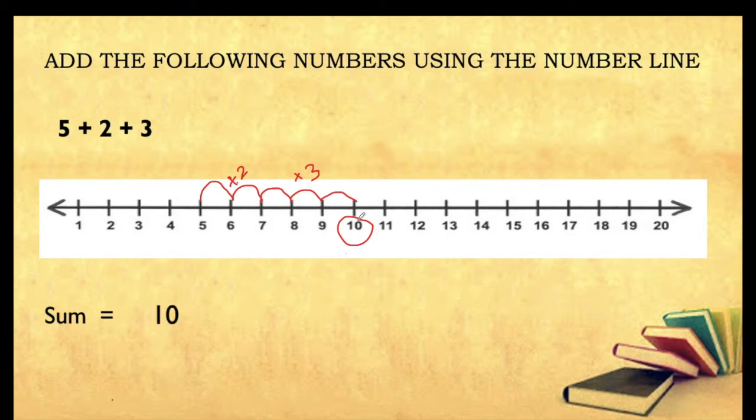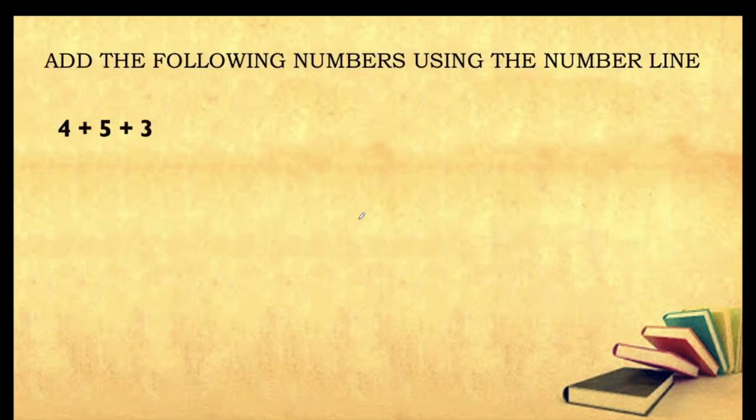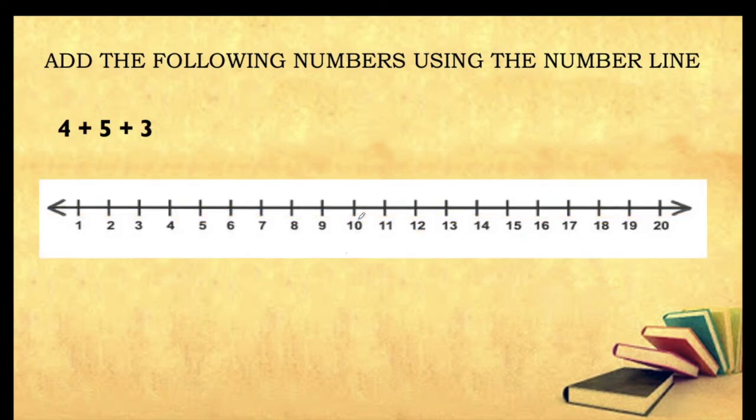Come, let us do another sum. Here we have 4 plus 5 plus 3. So we have to start from 4. From 4 we have to go 5 times. That is 1, 2, 3, 4 and 5. So 4 plus 5 is 9.